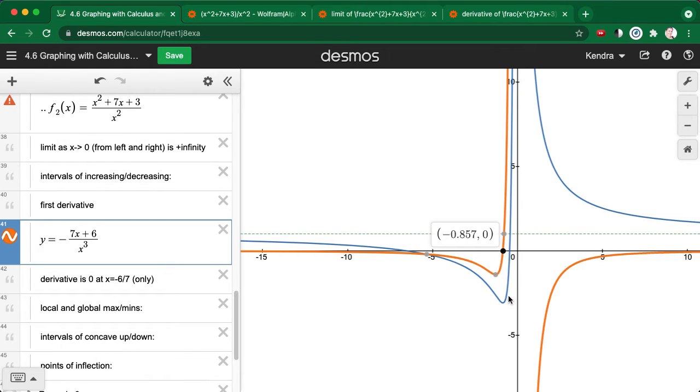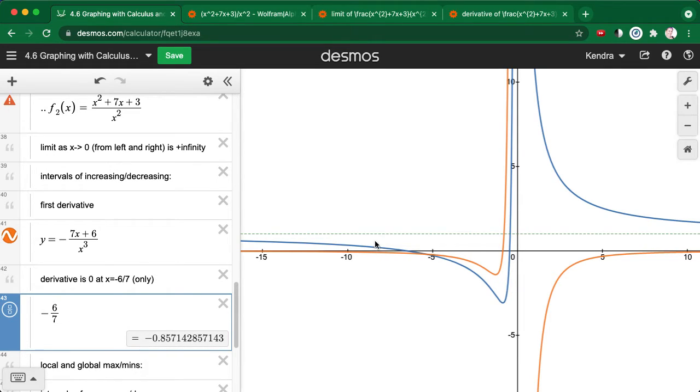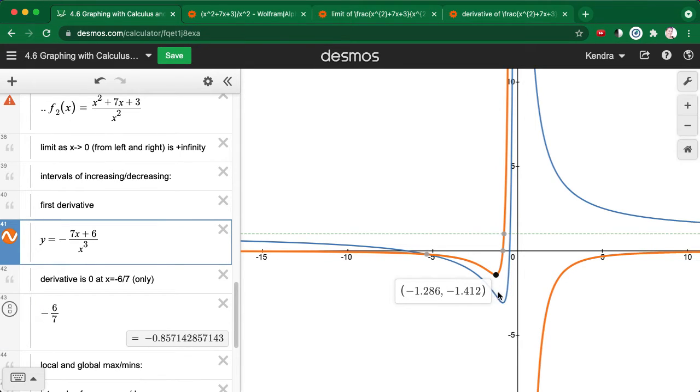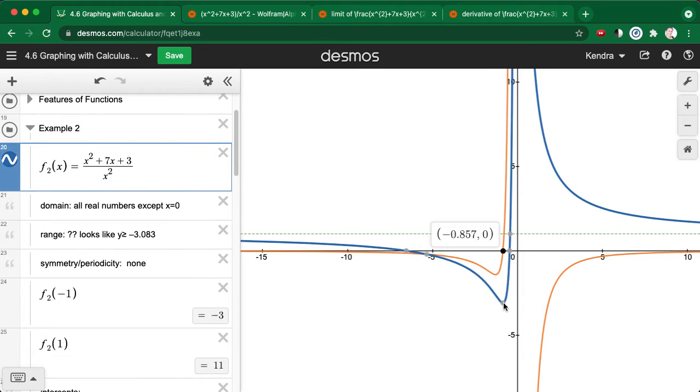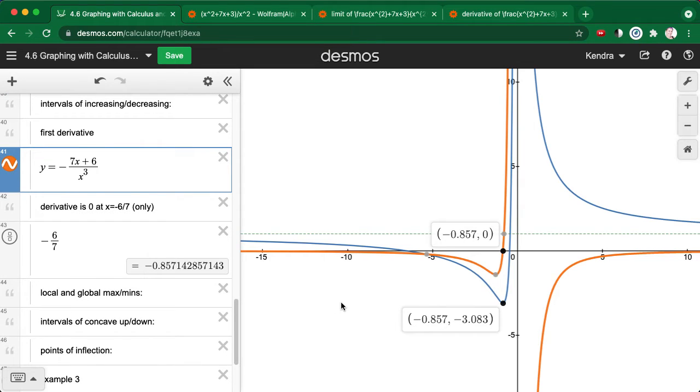So that tells us this is our only key value at negative 6/7, and that gives me a nice number so that I don't have to use the decimal approximation. That negative 0.857 is actually negative 6/7.